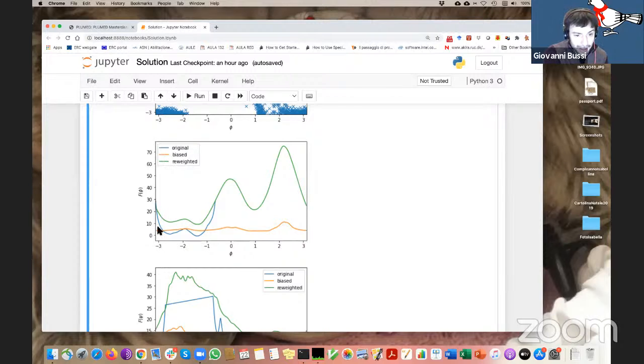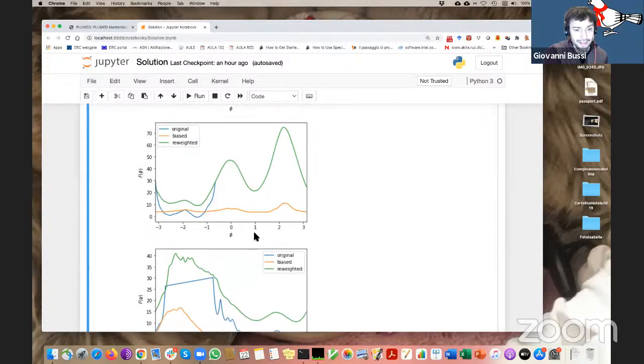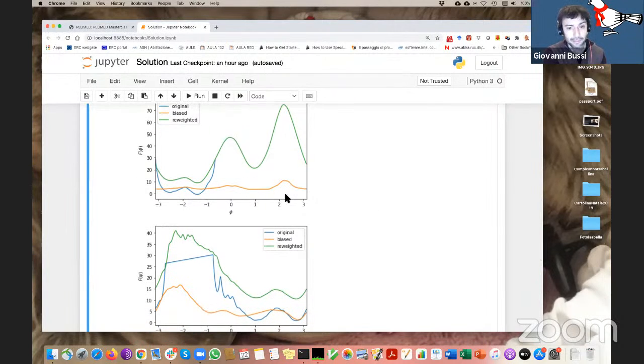What about the orange line? This orange line is the free energy computed just with the logarithm of the histogram accumulated over all the biased simulations. Clearly this is almost flat, because we used these restraints exactly to keep our distribution as flat as possible in the phi variable. So that's expected.